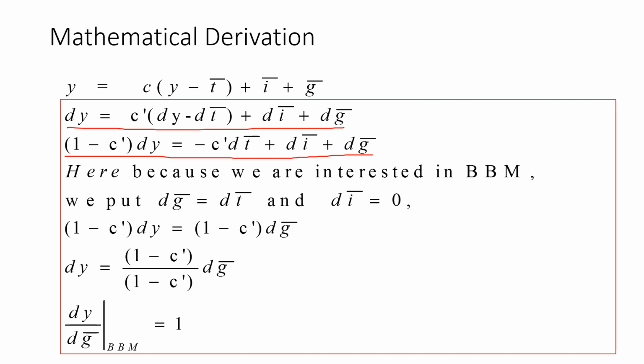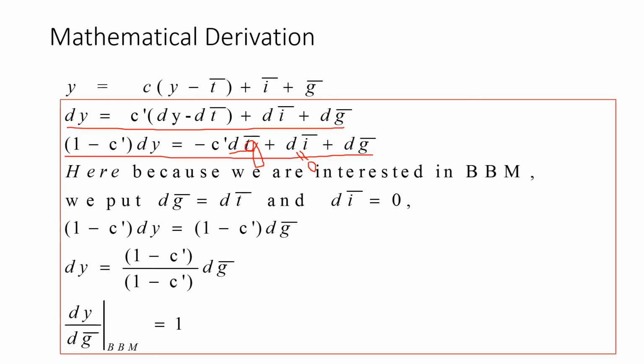Now, because we are interested in G bar and T bar, we are putting dI bar equal to 0. We are not interested in this term, and we are putting dT bar equal to dG bar. So instead of dT bar, we are writing this as dG bar, or you can do the opposite also.